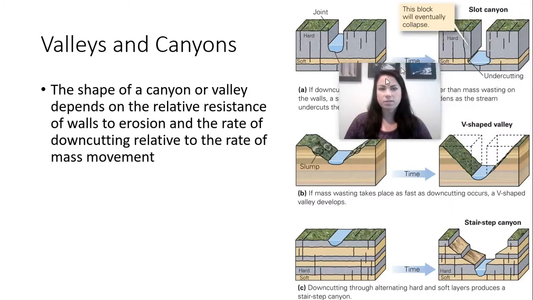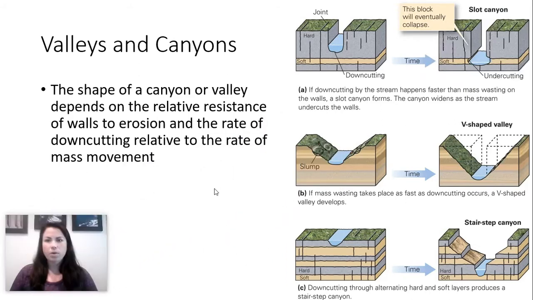Let me move my face so we can see this whole image. We also have an example here of valleys and canyons. The shape of the canyon or valley depends not only on the resistance of the walls to erosion, but also on the velocity, the rate of mass movement, and sometimes the sediments carried along with this water.